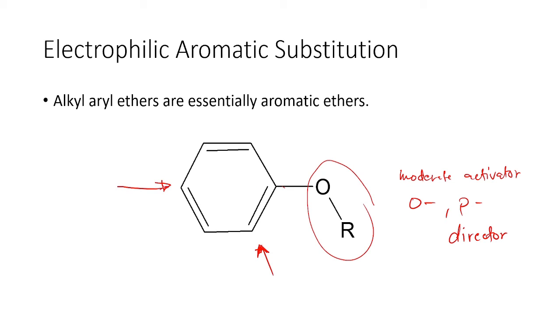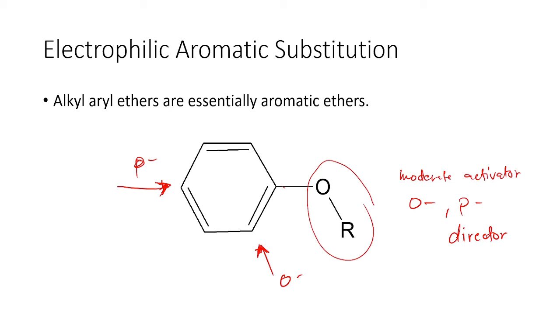The majority of the products will actually have the substituent attached to the ortho and para direction of our alkyl aryl ethers. So this is more probable to happen than the cleavage of the CO bond in the presence of concentrated acid and heat. Okay? So they will favor this.